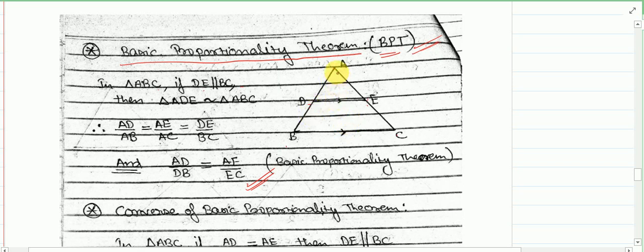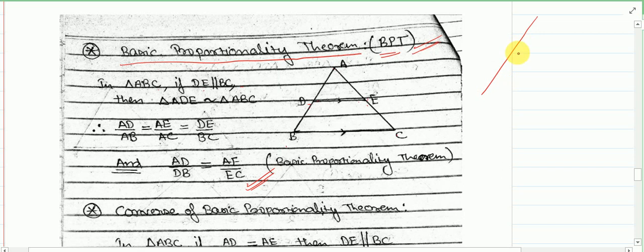And one more thing. When I say this triangle ABC is there and DE is parallel to BC, in that case we will observe that we have two triangles over here.